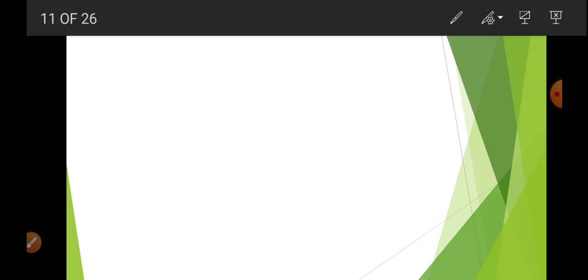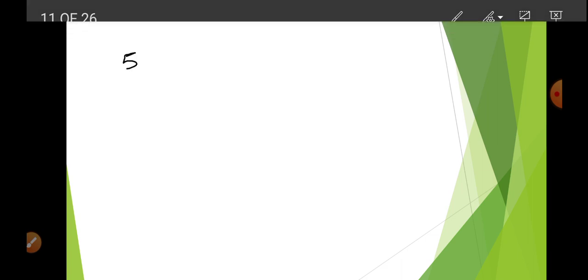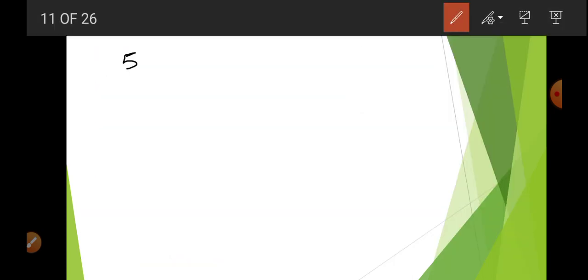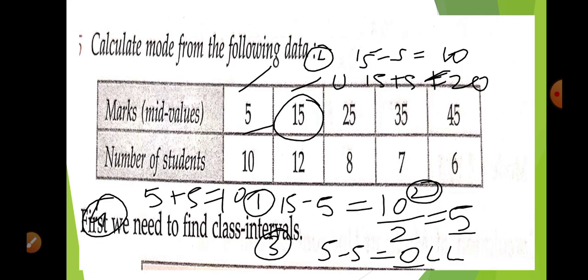Once again I am going to explain how these lower and upper limits have been calculated. In this question, what is written? 5, 15, 25, 35 and 45.